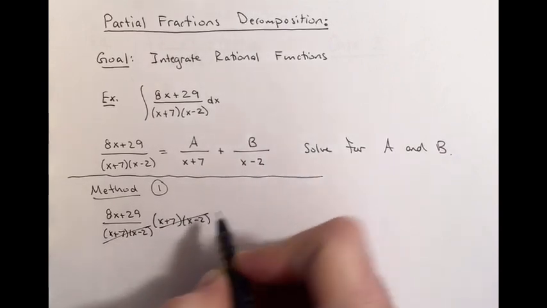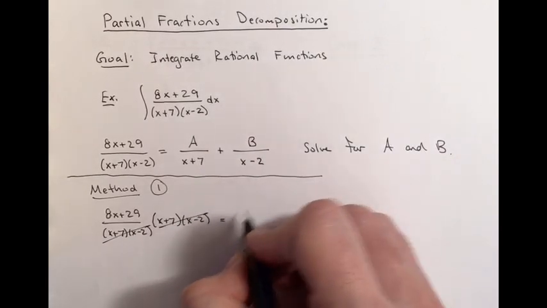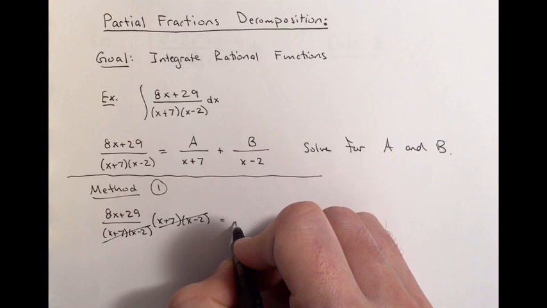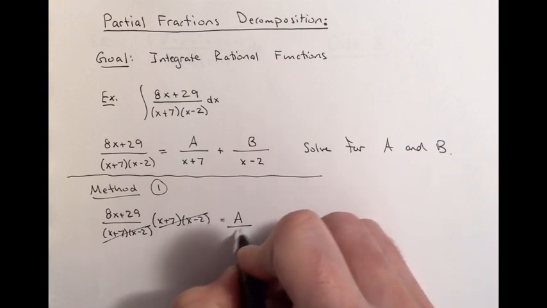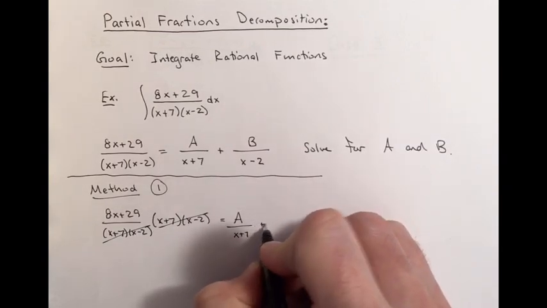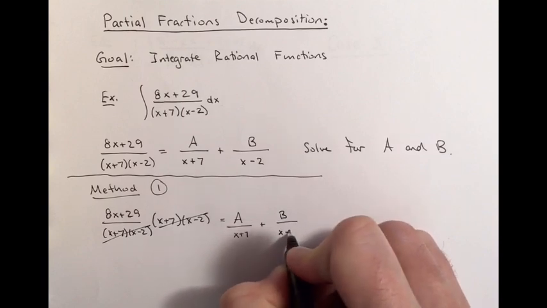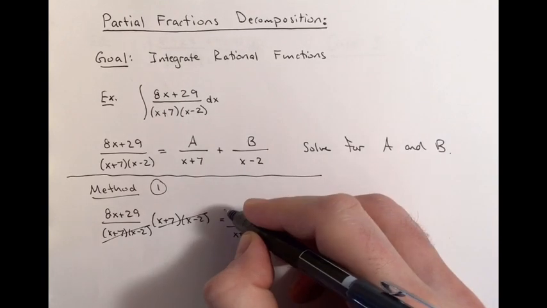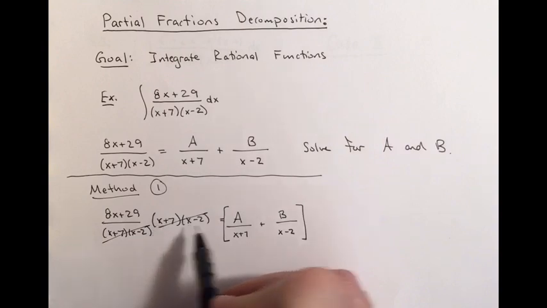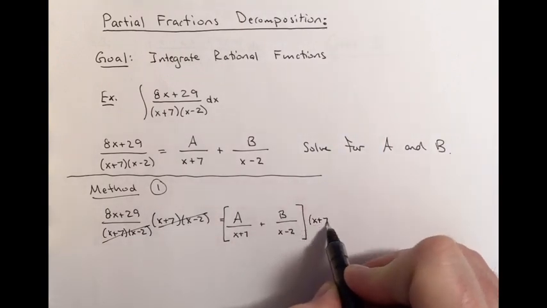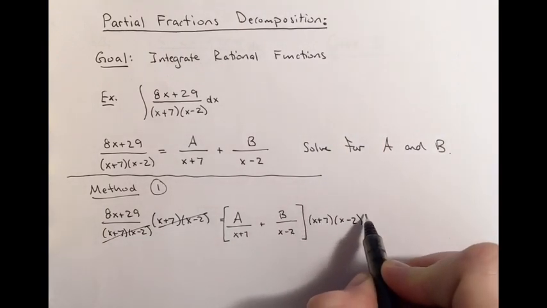The goal is obviously so that those cancel each other out, but now we want to see what happens on the right hand side. We have a divided by x plus 7 plus b over x minus 2, and this whole thing is going to get multiplied by this x plus 7 times x minus 2 term.